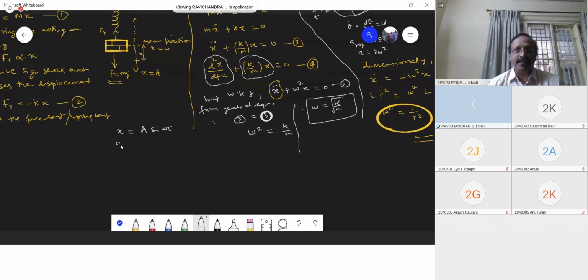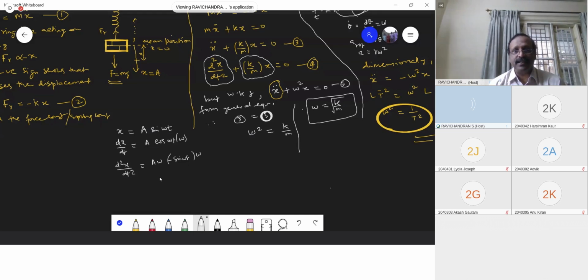Now dx by dt is the velocity. I can write here, sine omega t becomes cos omega t into omega. Correct? Now I want to find the particle acceleration. So d square x by dt square is equal to a omega as a constant, cos omega t becomes minus sine omega t into omega.